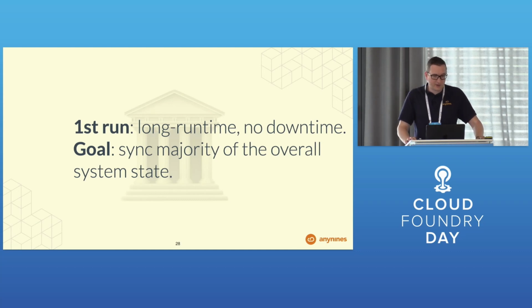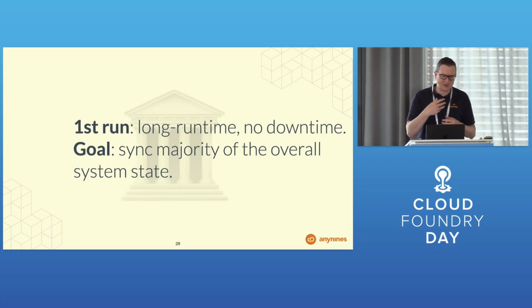In the ideal world, and this is how you should write your migration, you run that migration logic with the source system being in production. You transfer the bulk of the data to the target system while the target system is still non-productive. As long as the source system is active, you will still have writes, so there are state changes in the applications.